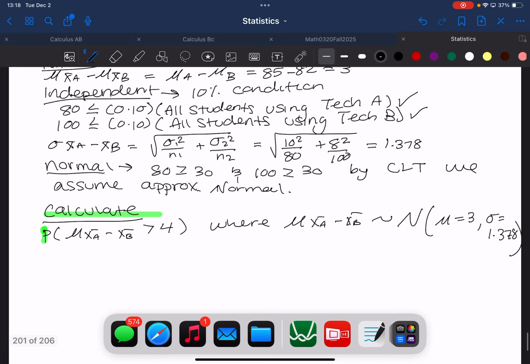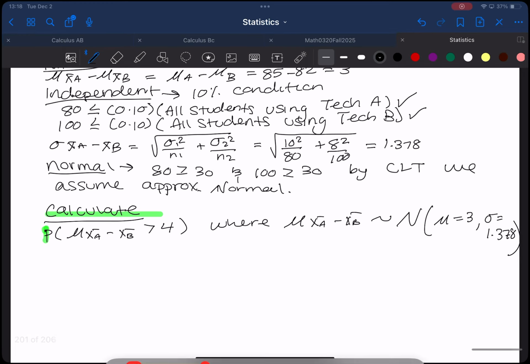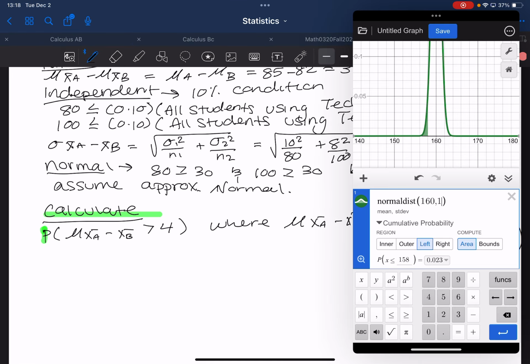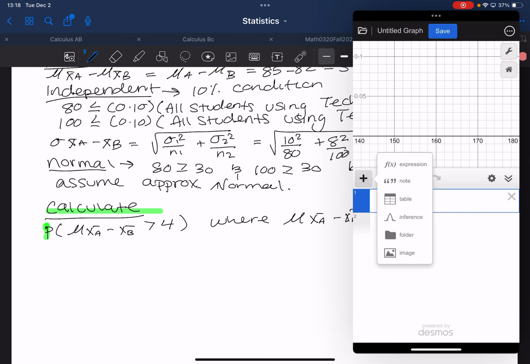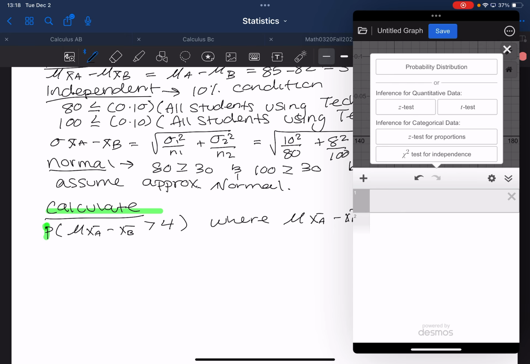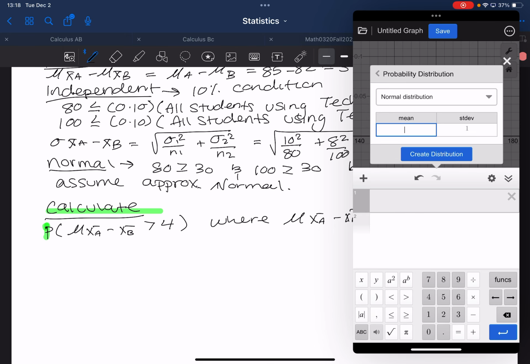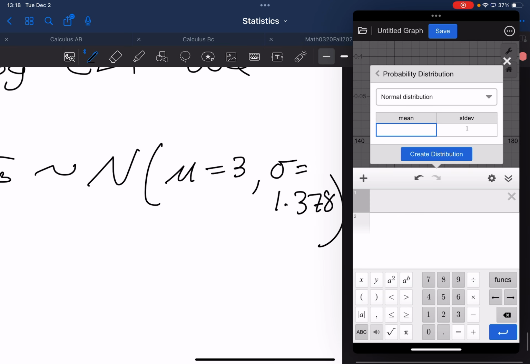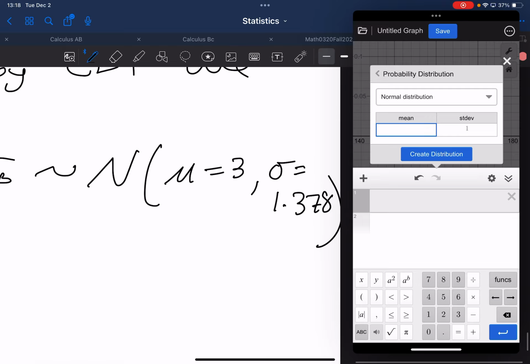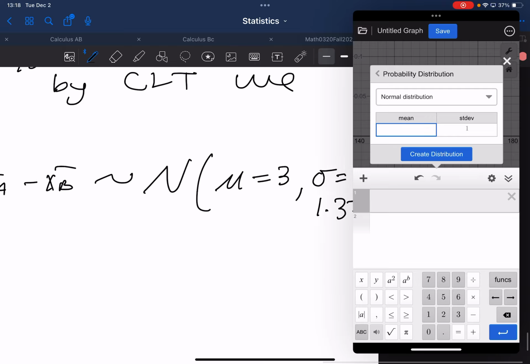Open up Desmos. There we go. On Desmos, we're going to go to the plus sign, then inference. Click on probability distribution. And on the normal distribution, we are going to put the values that we chose over here: mu equal to 3 and sigma equal to 1.378.